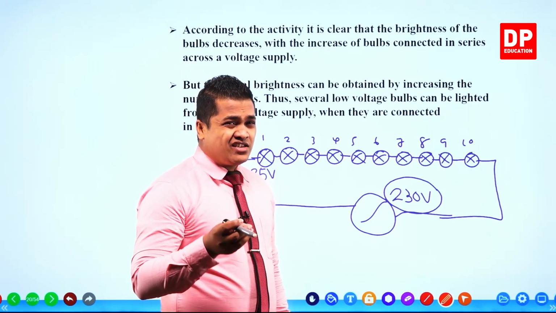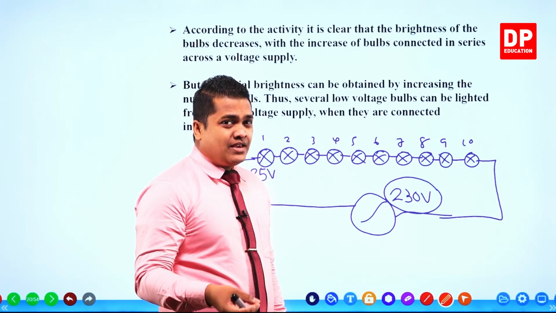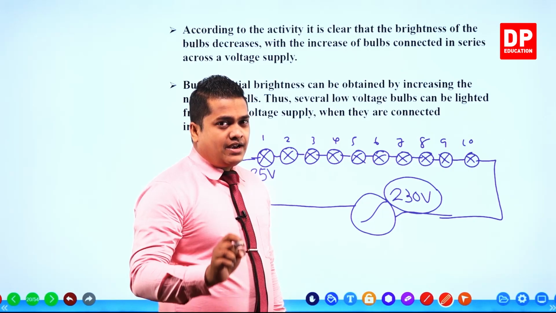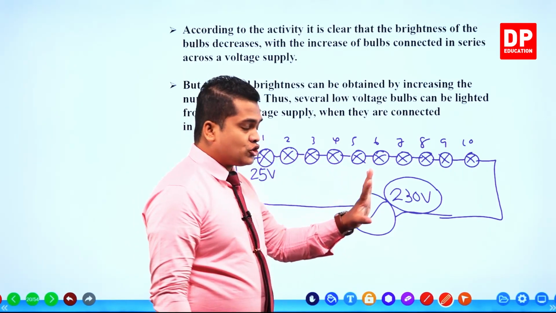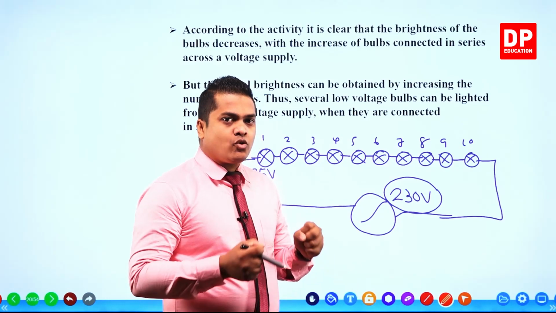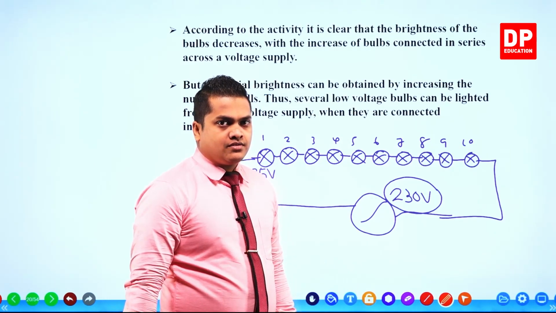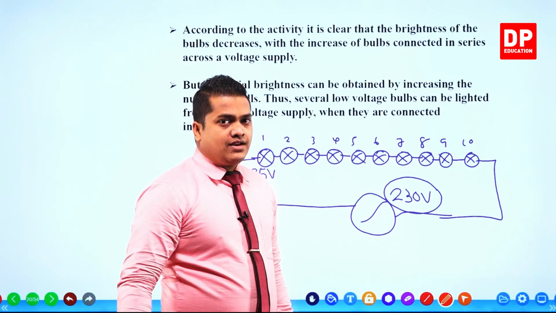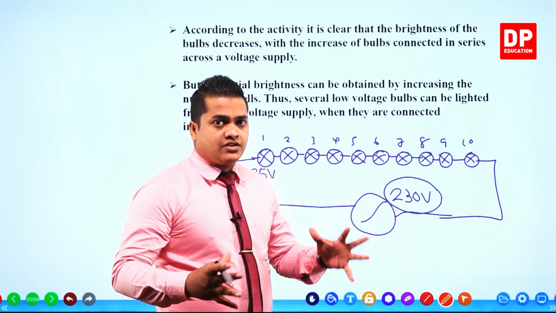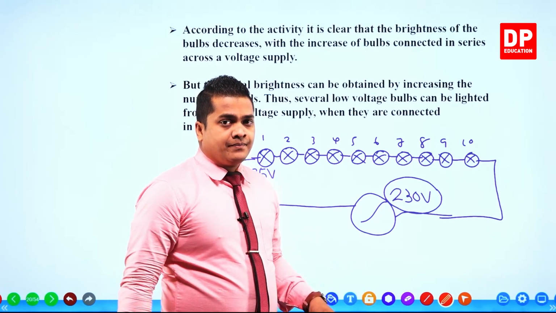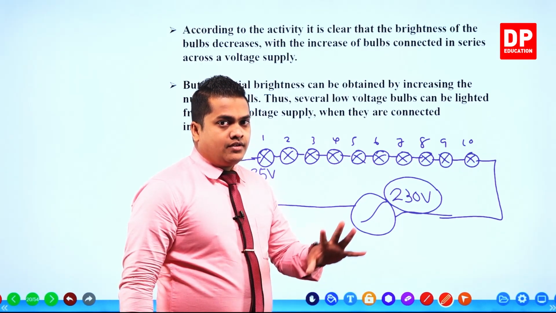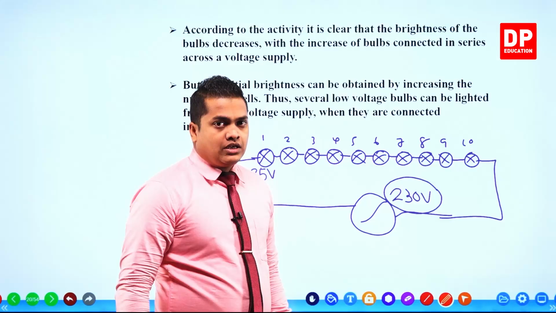But my dear children, the specialty here is that in order to divide into 10 equal parts, these instruments should be equal in all aspects. They should be identical in all aspects. If one bulb is larger than the other, I mean if it can bear more voltage, then it's not getting divided equally.